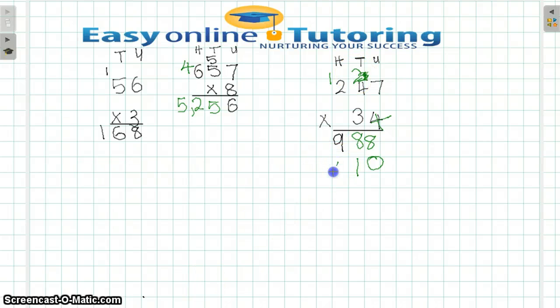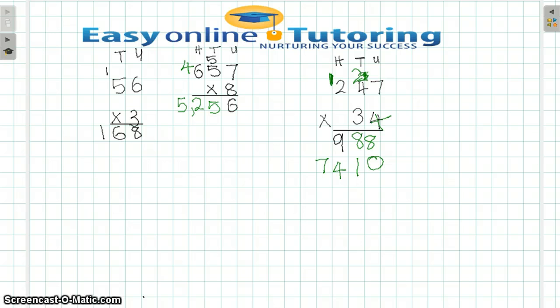So we write 4 here, and carry over a 1 again. Then we do 3 times 2, which is 6, plus 1, which is 7. And we write a 7 in this box here.